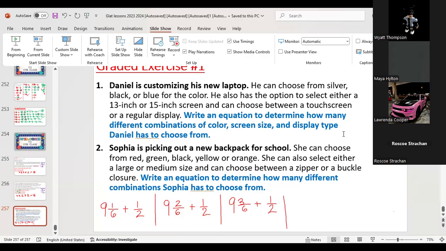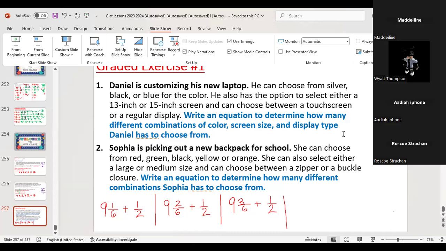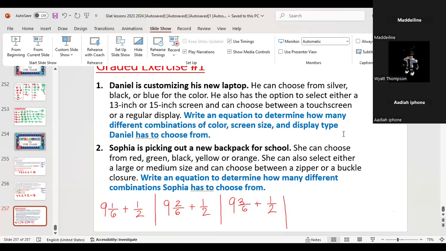That would be like the fastenings. Madeline, what number are you on? I'm answering number 2. Okay.